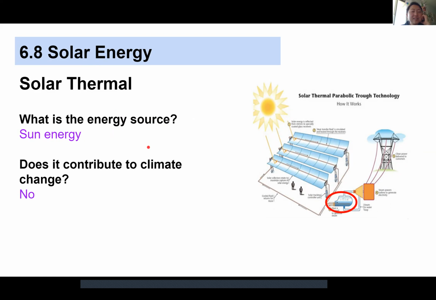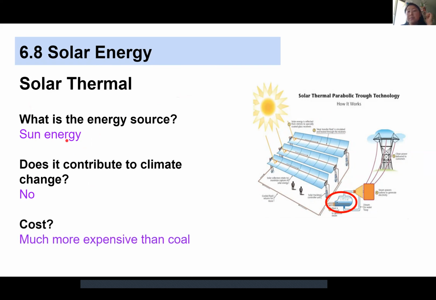So does it contribute to climate change? The AP test wants you to say no, but also a little bit of nuance is that the materials it takes to make this contraption and to create the device that will capture solar thermal energy definitely still take resources. So it's not like net negative or like a neutral source, but it is definitely renewable, which takes out a lot of the carbon dioxide and other damages that happen.